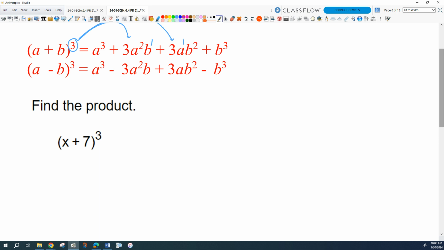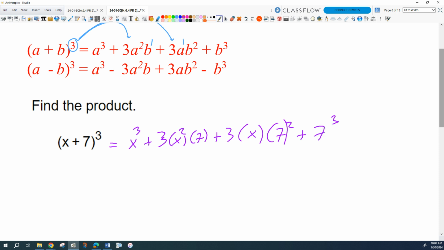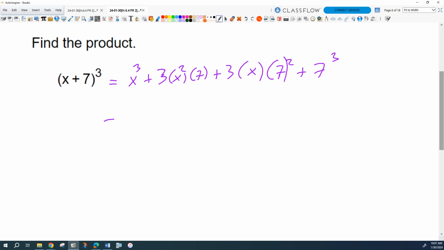What am I going to get if I apply this one? x cubed plus 3 times x squared times 7 to the 1, good, plus 3 times x times 7 squared, good, plus 7 cubed, good.